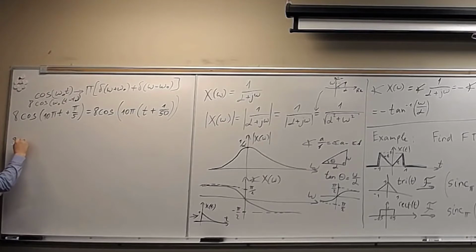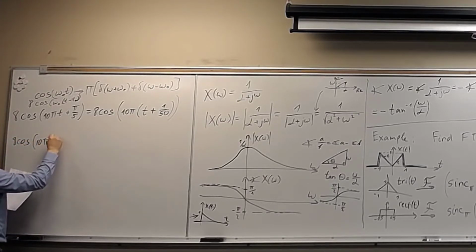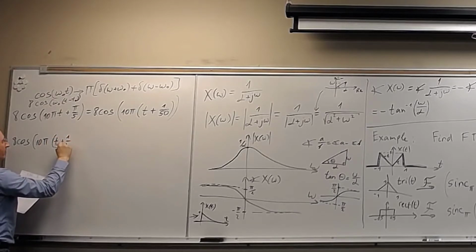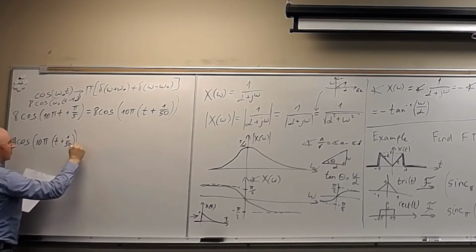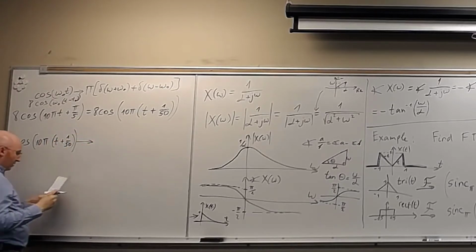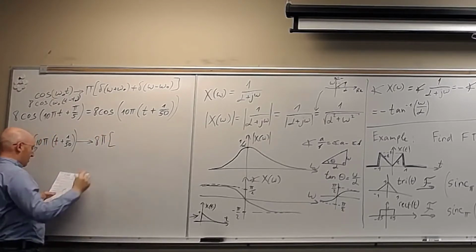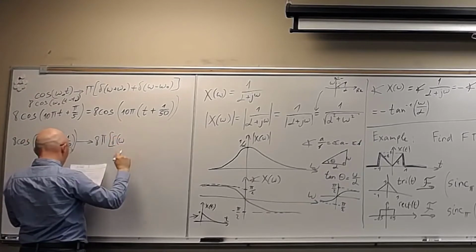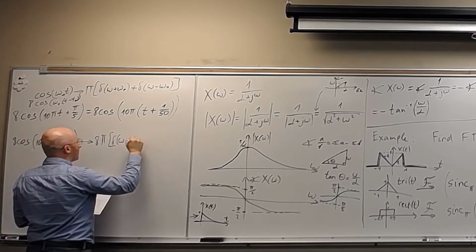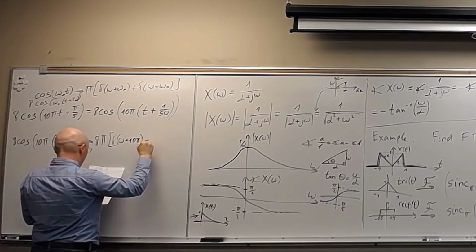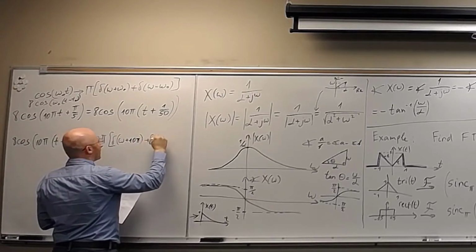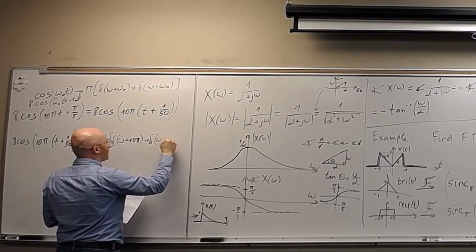So 8 cosine of 10 pi t plus 1 over 50 is translated into 8 pi, and then delta omega plus 10 pi plus delta omega minus 10 pi.